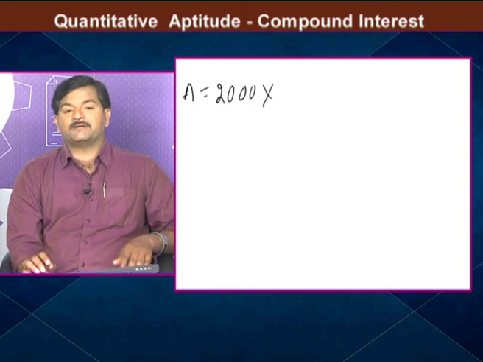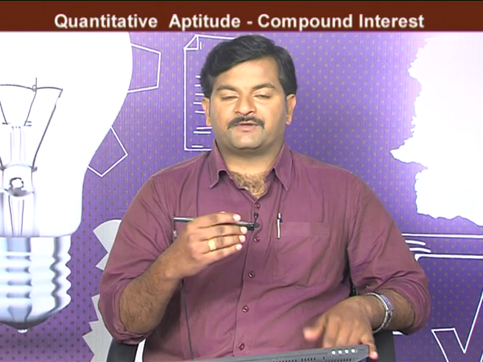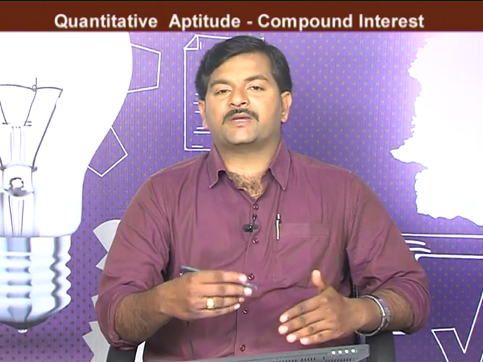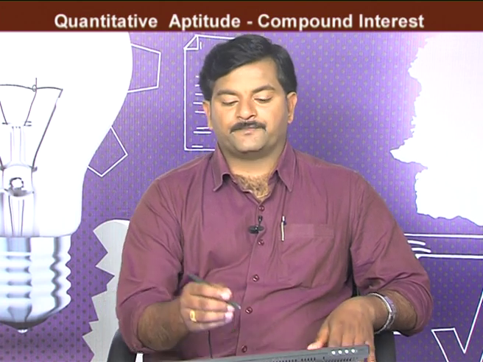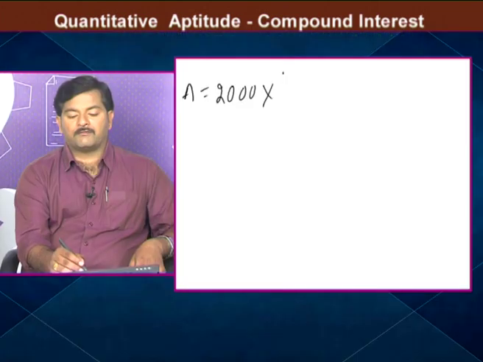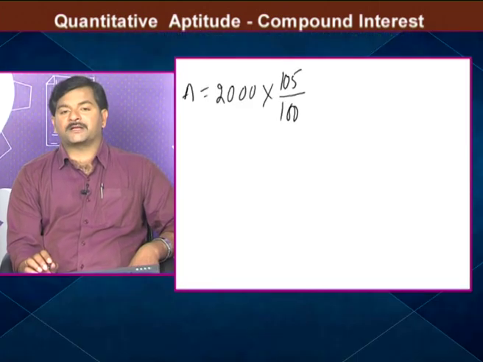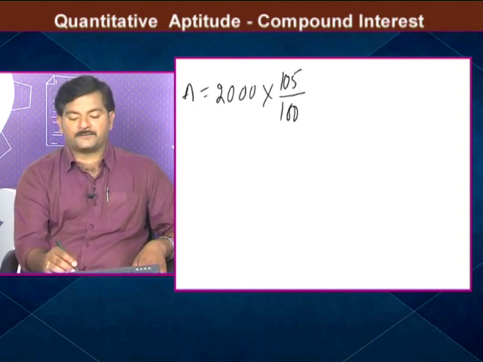Rate of interest 5% given. So rate of interest 5% means what? For every 100 rupees he has to pay 5 rupees as interest. So simply here I am getting 105 by 100, or 105 percentage can be written as 105 by 100.